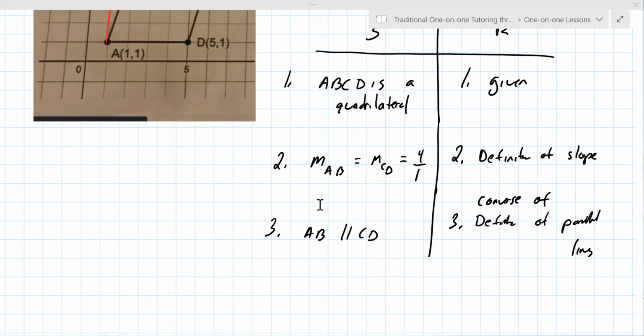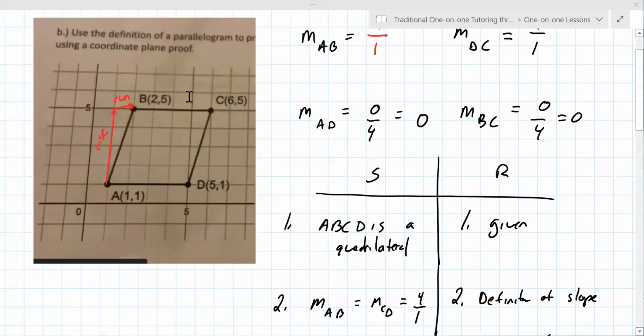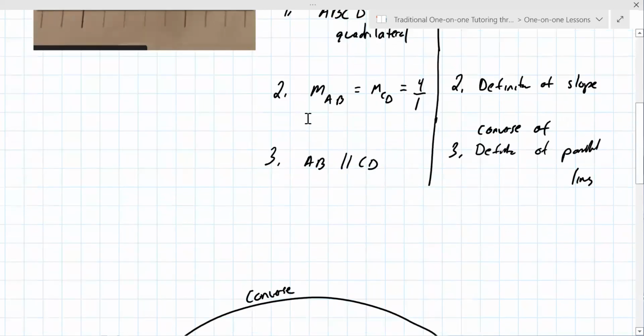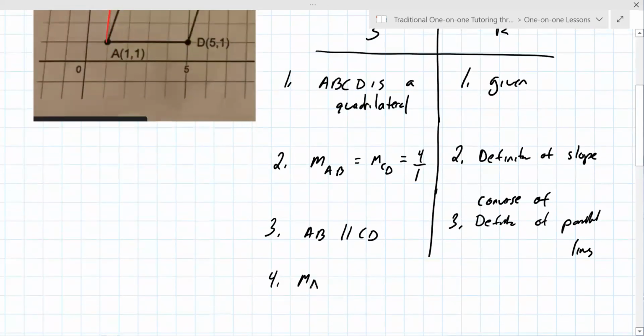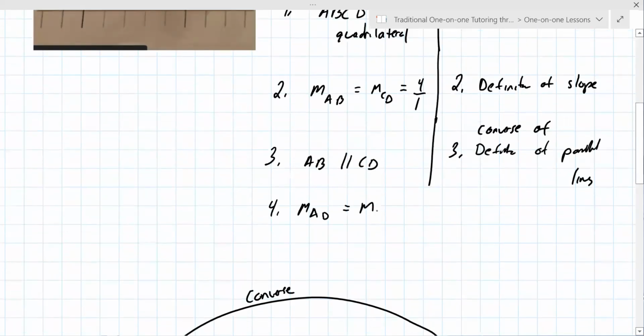Okay, now we're not quite done with this problem because we've only shown that it's got one set of parallel sides. You need to show that it has two. So there's a couple of ways you can do it. You could sneak it into step 2, but we'll just make it step 4. Slope from AD equals the slope from B to C, which equals 0.